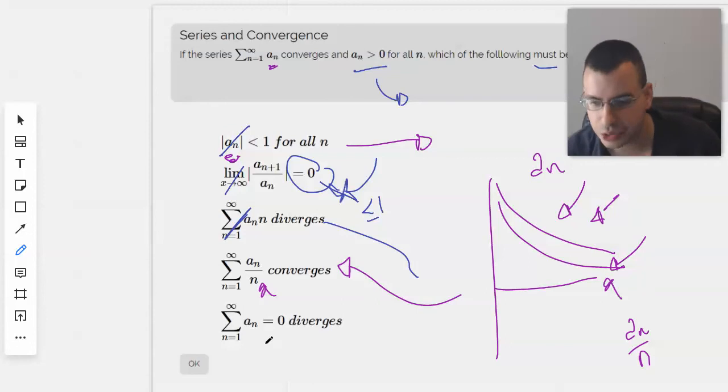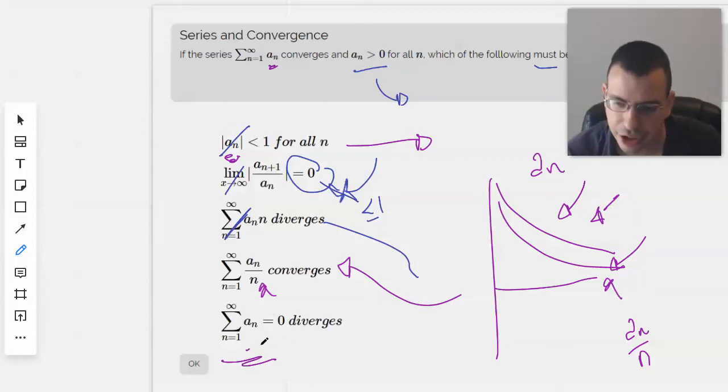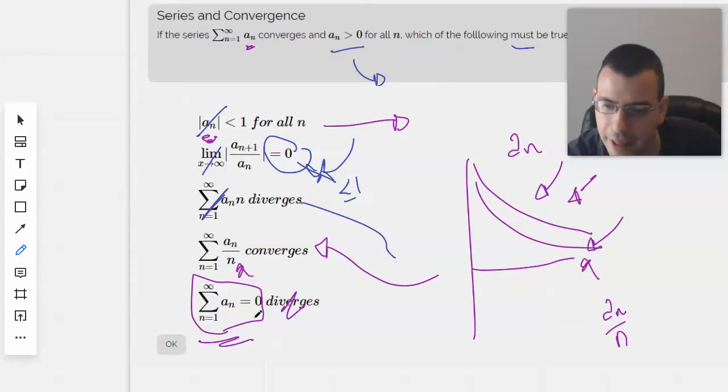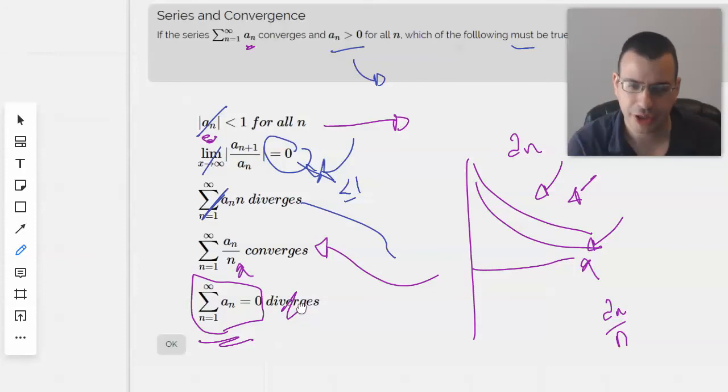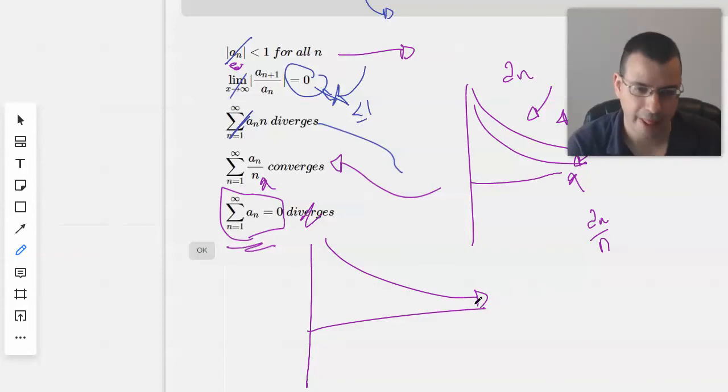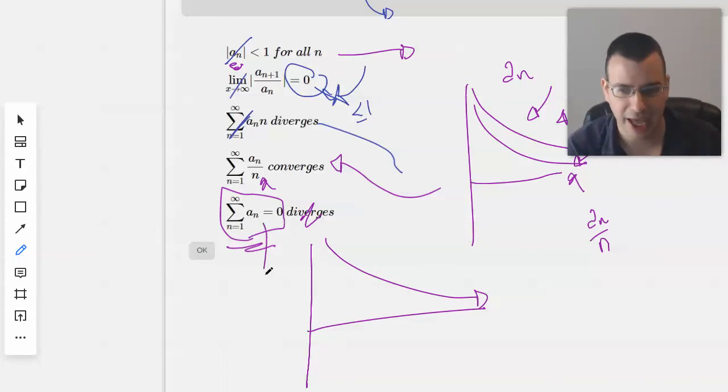In this last one, I think they're trying to say that a of n equals 0. So I think what they're saying here is you have a graph like this, and it's trying to confuse you about the last term and the summation of the terms.